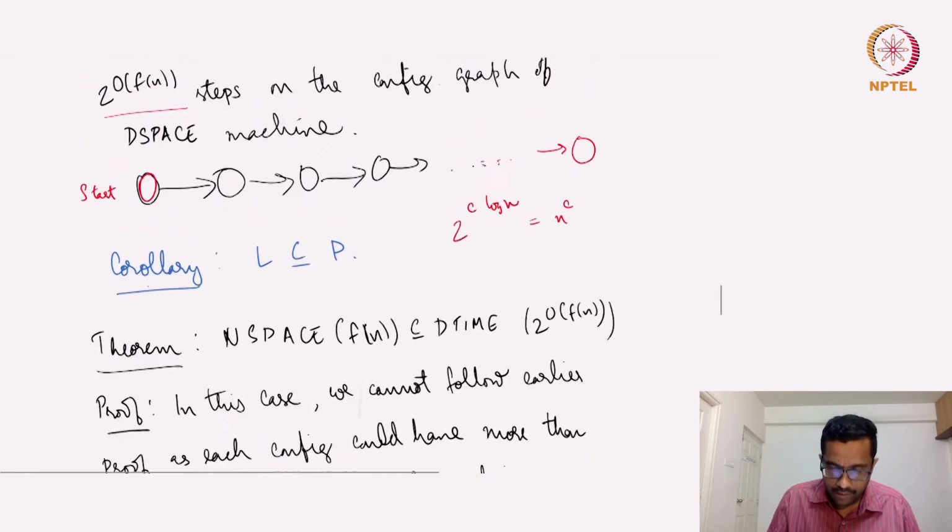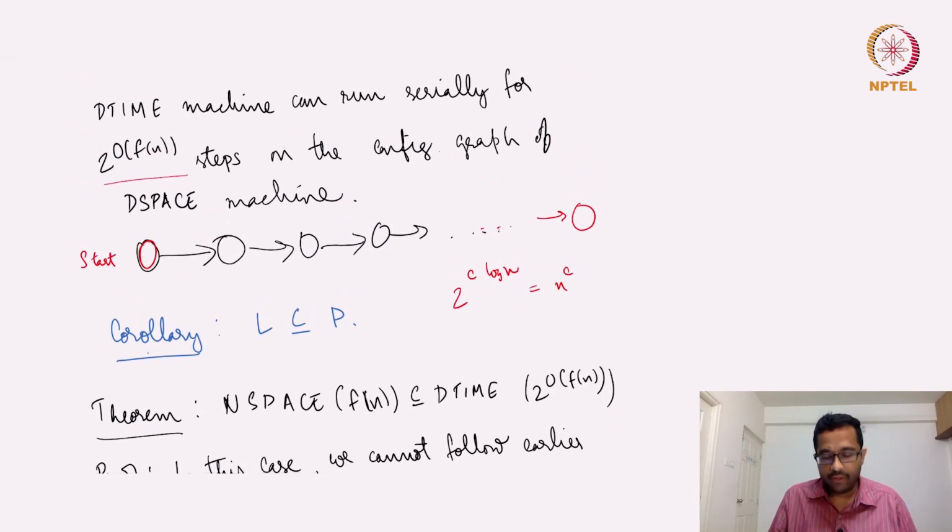However, in the case of a deterministic time machine or deterministic space machine, we know that every configuration has a single unique successor. Starting configuration gives rise to C1, and C1 gives rise to C2 or something like that, right? It goes like that, and so we just need to execute that.